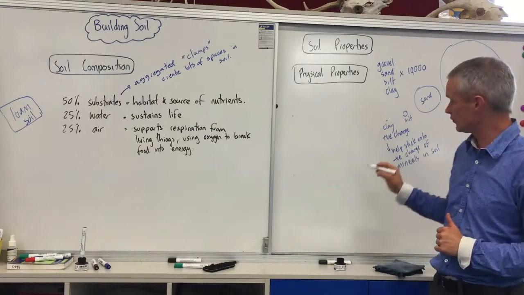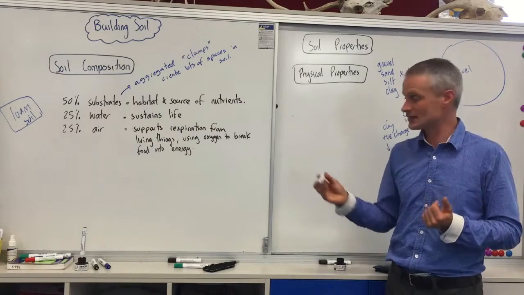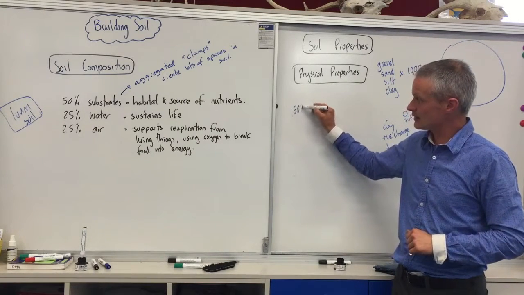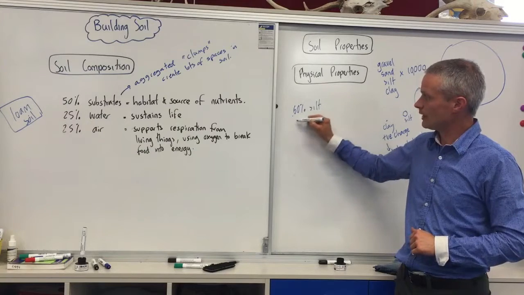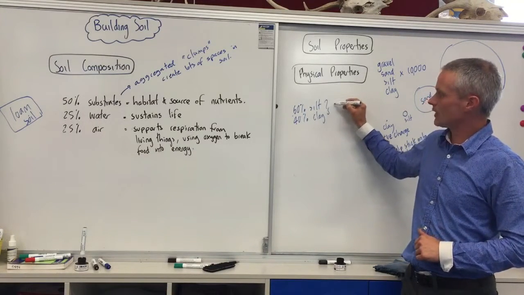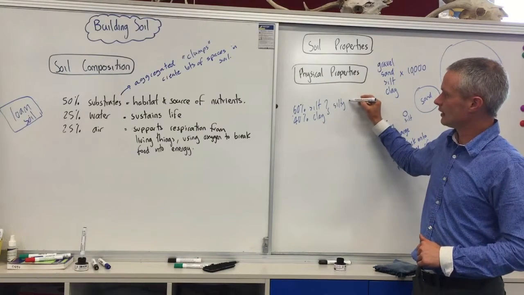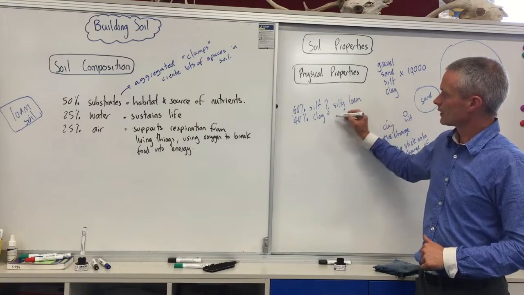So you might have a good balance of clay and silt, and if there's say 60% silt and 40% clay, that's one way to create a loam, and that would be a silty loam soil.